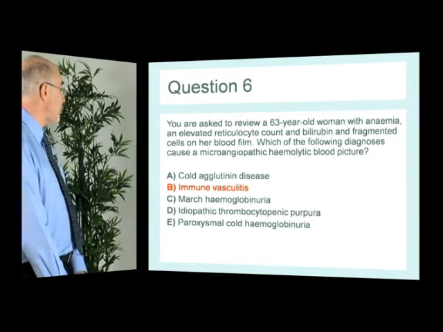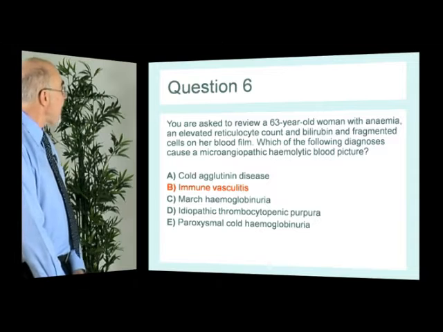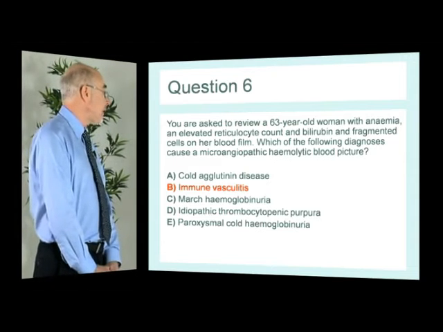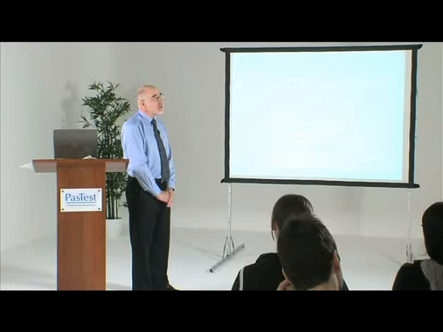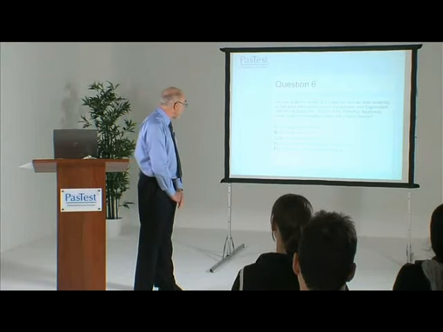And finally, paroxysmal cold hemoglobinuria. This is a rare hemolytic condition associated with an IgG-fixing cold-acting antibody against red cells. It used to be seen in syphilitic old men. Now it's most commonly seen in children with intercurrent viral infection.